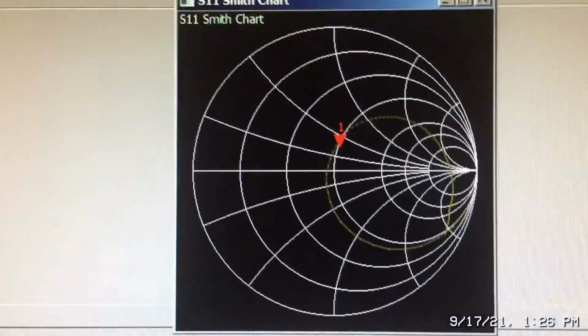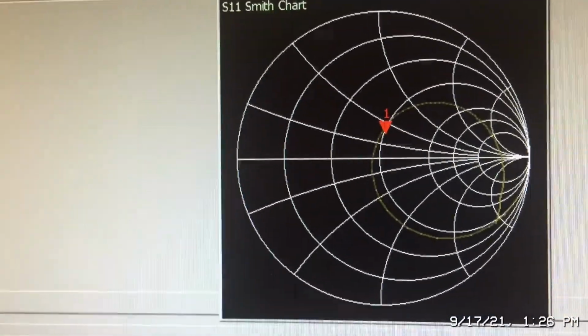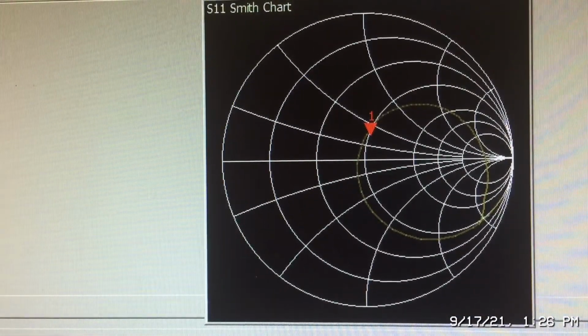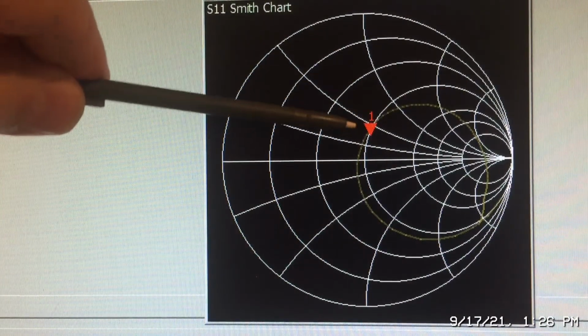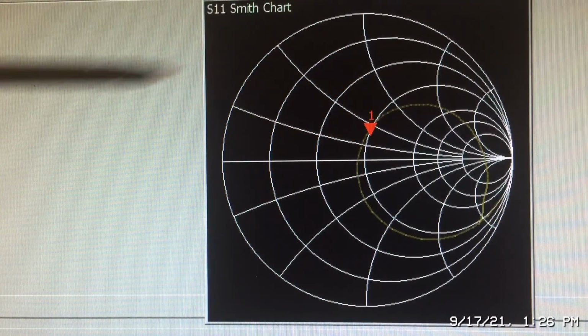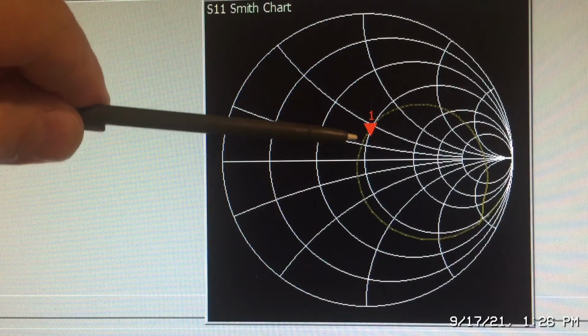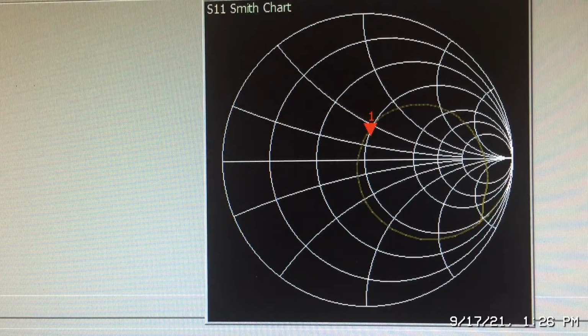So let's go back to the Smith chart. And you can see right now that the circuit is more inductive. Okay, my marker, which is at 10.3 megahertz, is on the upper side of the chart, so it's inductive. So we'd have to add capacitive reactance to move the marker closer to the center of the chart.